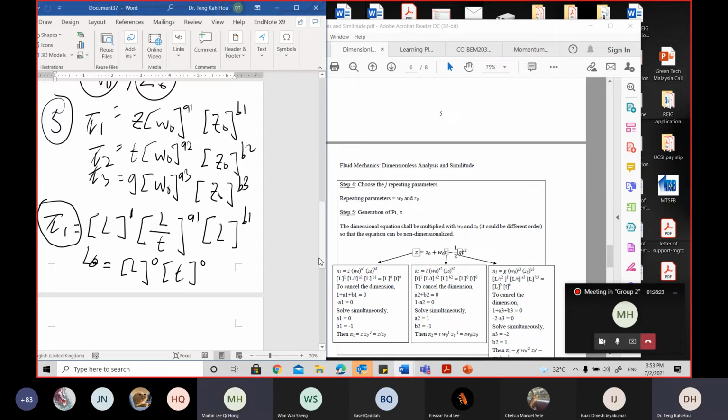Yes. So to cancel off, I will start with my L equal to power of 1. 1 plus A1 plus B1 must equal 0, I mean the power of this. So I get the equation A1 plus B1 must be equal to -1 as the first equation.